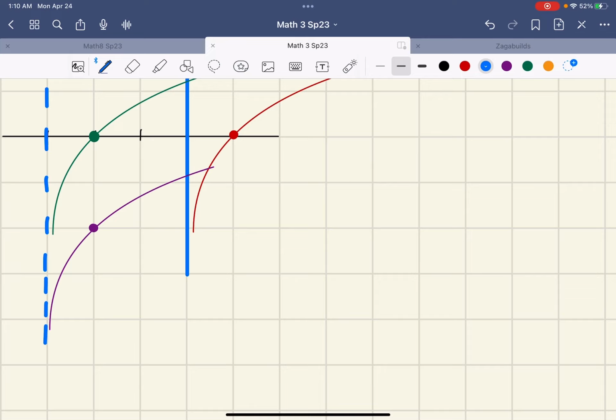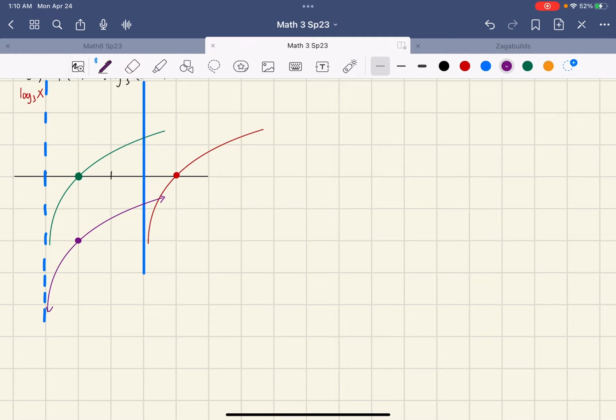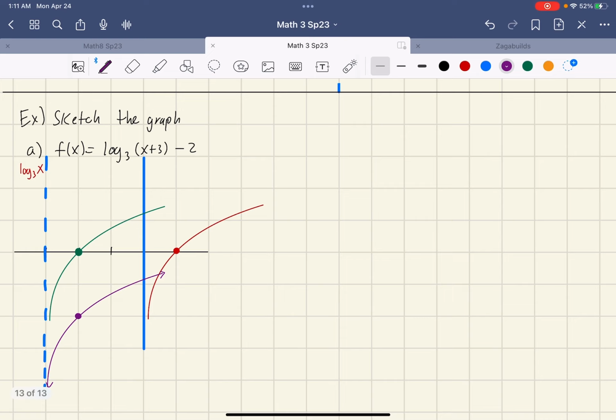So when you're sketching these, you want to be very careful and make sure you're not drawing a sketch that is accidentally intersecting your asymptote when it's not supposed to. Now let's do one more example to not make this video be too long.